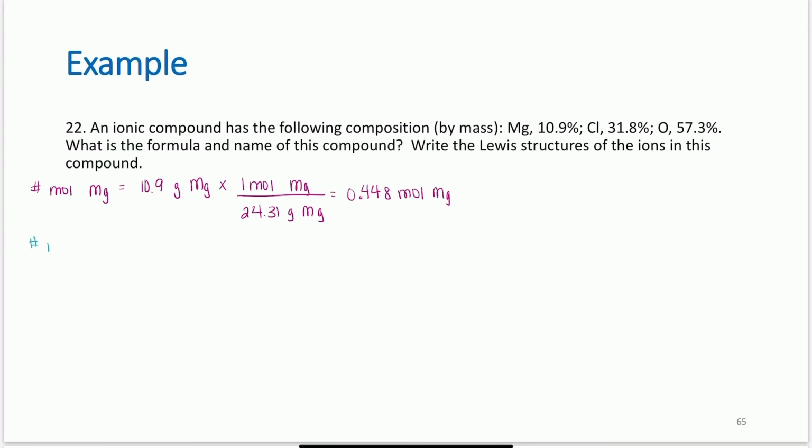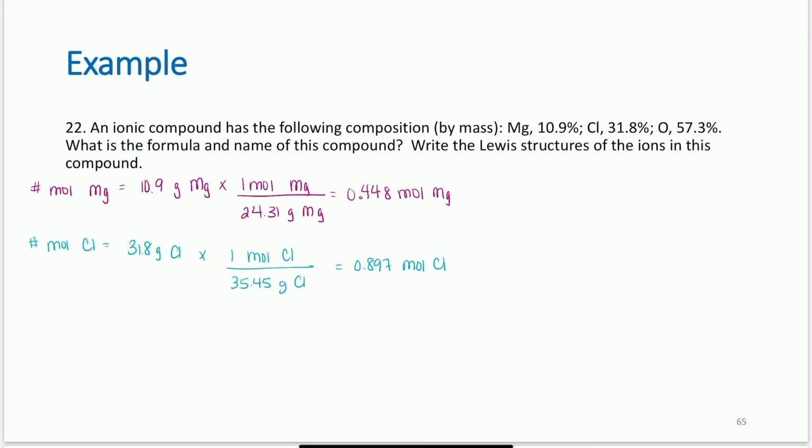Number of moles of Cl, 31.8 grams of Cl, 1 mole of Cl to 35.45 grams of Cl is 0.897 moles of Cl.